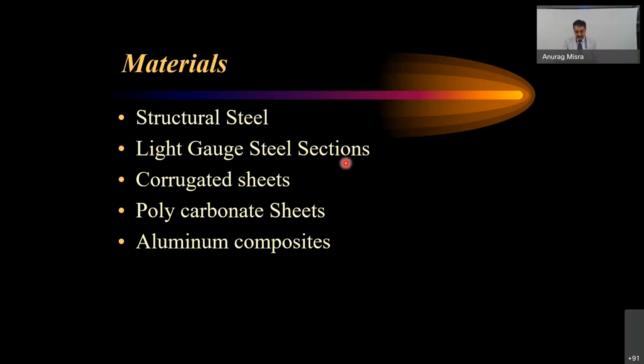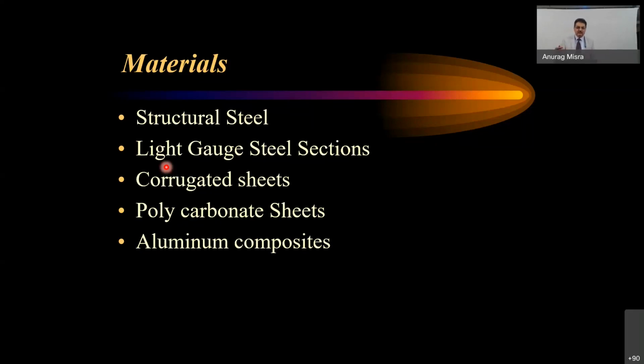And then we are going for light gauge steel sections. They are one of the very important components of the whole system we are creating, where we have thin sheets and mold them, rolling them into different types of sections, and using them to our advantage at sites.